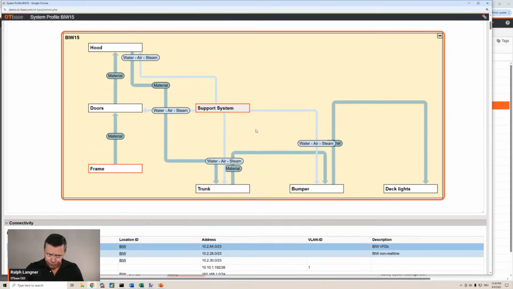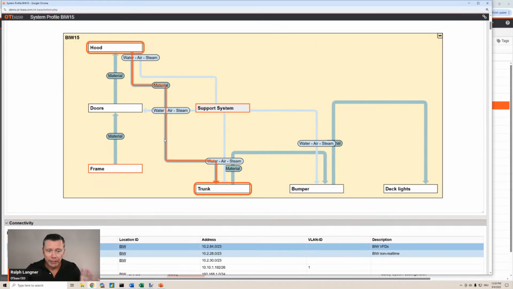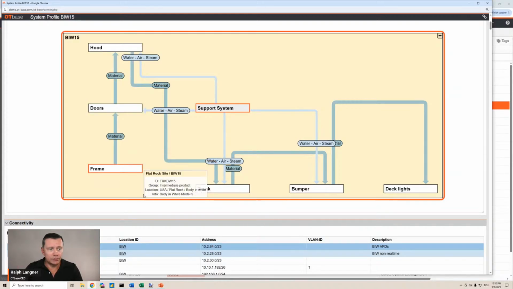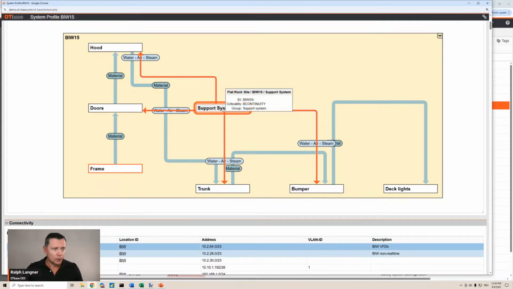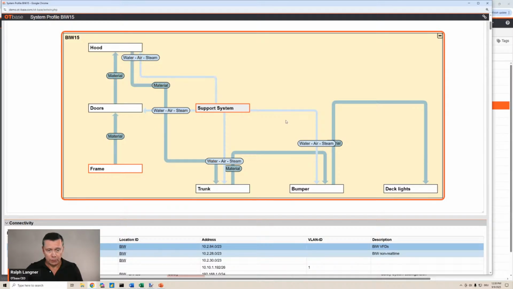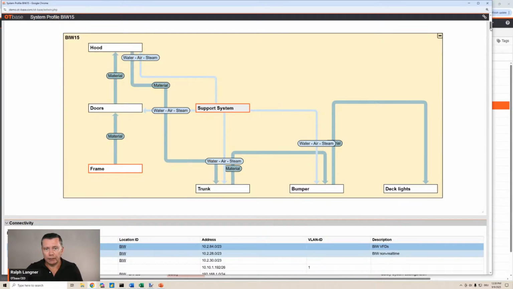Because now you would learn, as an example, well, I can protect all my hood, doors, bumper frames, stations, etc. But I should not forget about that support system, which may be something like pressured air or vacuum. Because if that thing goes down, well, multiple other work cells are affected as well.